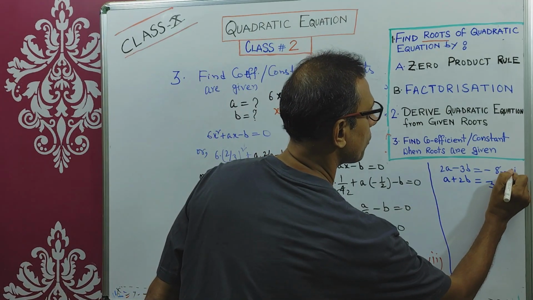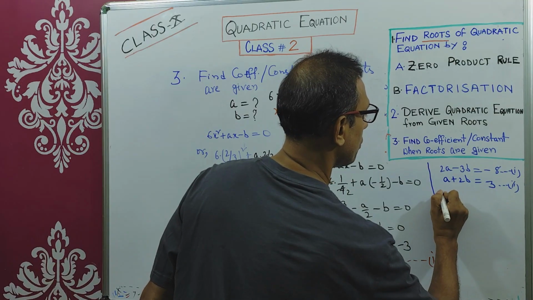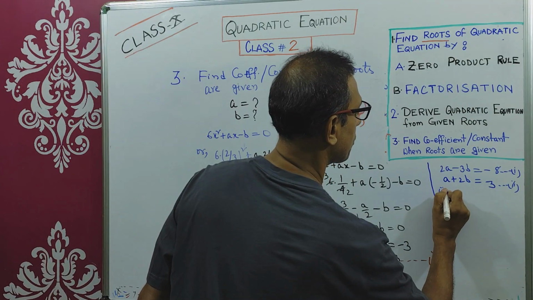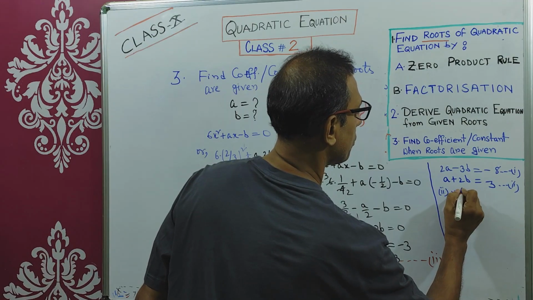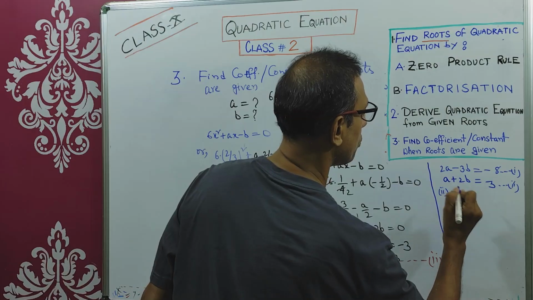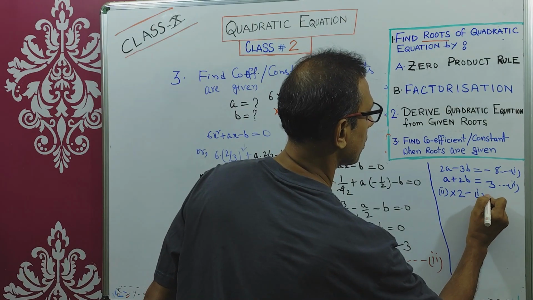This is equation number 1, this is equation number 2. So equation number 2 into 2 minus equation number 1.